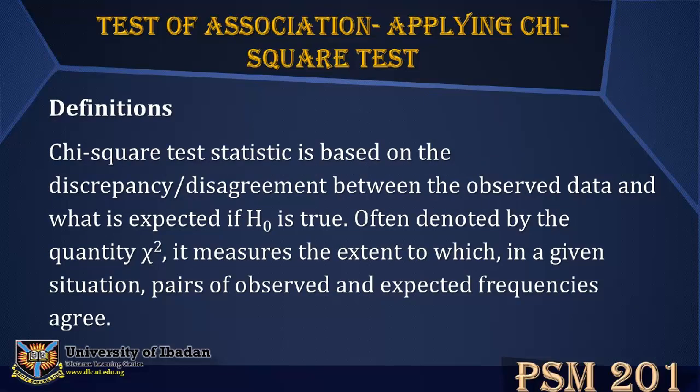Definitions. Chi-square test statistic is based on the discrepancy or disagreement between the observed data and what is expected if H0 is true. Often denoted by the quantity chi-square, it measures the extent to which, in a given situation, pairs of observed and expected frequencies agree.